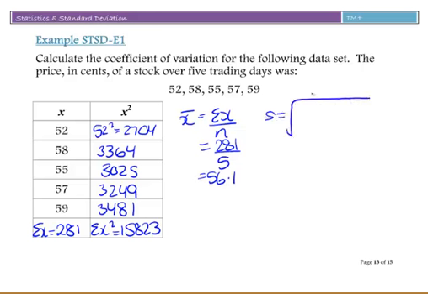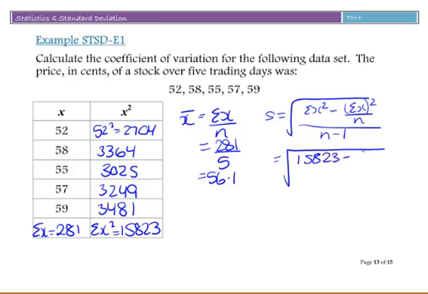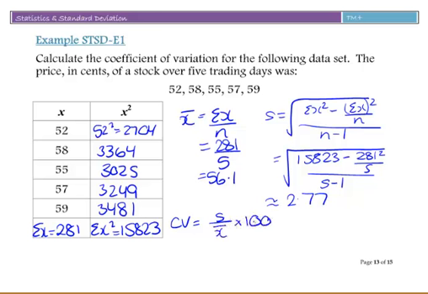My standard deviation is the square root of the sum of x squared minus the sum of x all squared all over n, all over n minus 1. So that becomes square root of 15823 minus 281 squared all over 5, all over 5 minus 1. Plug that in your calculator, you get 2.77. So my coefficient of variation is my standard deviation over my mean times by 100.